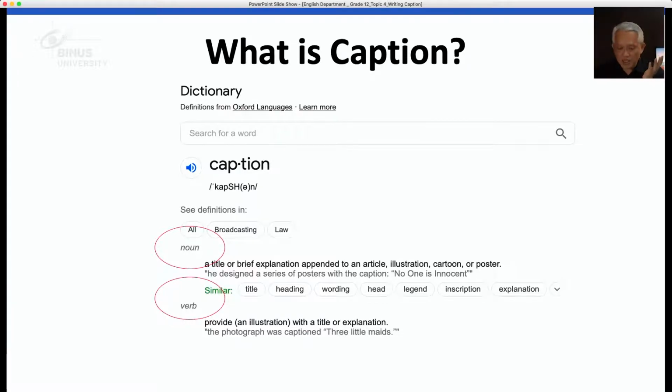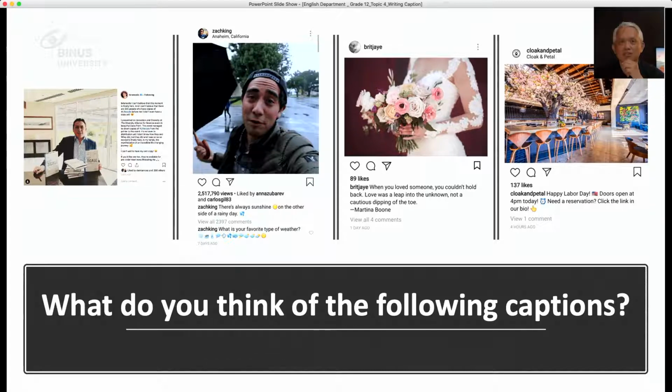Speaking of captions, there is a variety of kinds of captions that people produce in order to engage with their readers, fans, and followers. I have gathered 4 of those captions that represent the different ways that people are captioning their stories or pictures. The first one is pretty long.